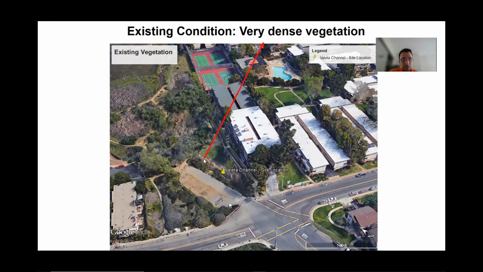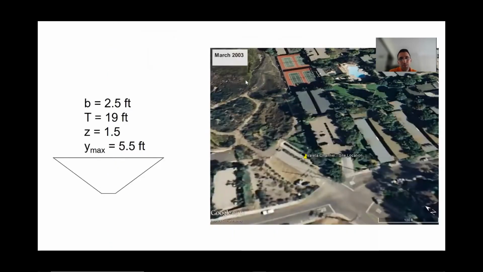So basically, if you use a time machine in your Google Earth, just take the time back and do some measurements, you can easily recognize that this was a nice trapezoidal channel back then, and it had a bottom width of 2.5 feet, top width of 19 feet, side slope horizontal to vertical 1.5, and a maximum depth of 5.5 feet. So we need to basically replicate that in our maintained condition.